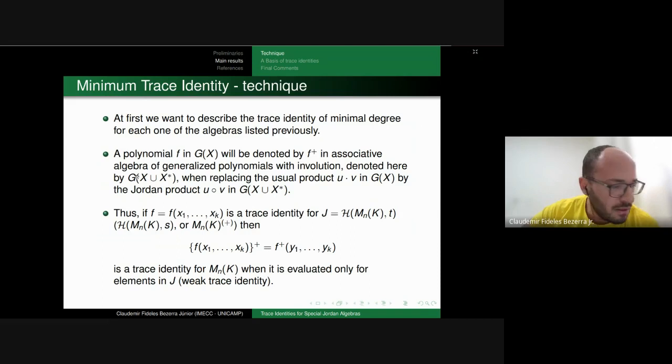To start off, we want to describe the trace identity of minimal degree for each one of these algebras listed previously. Here, the element in this algebra will be denoted this way, f plus, in the associative algebra of generalized polynomials with involution. Here we denote this algebra by this.